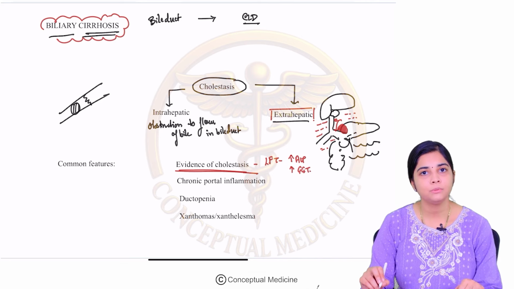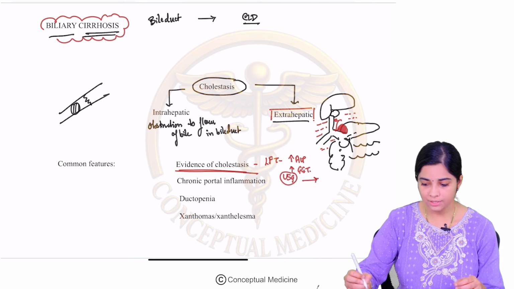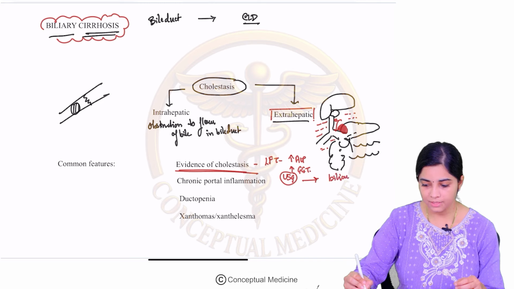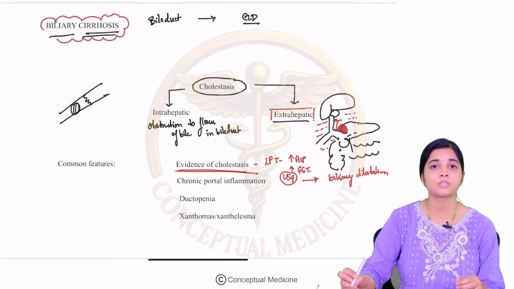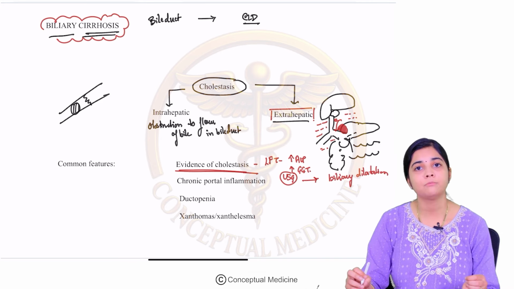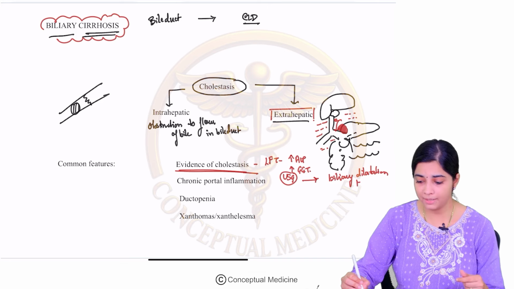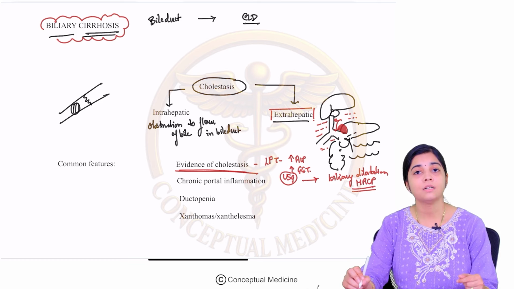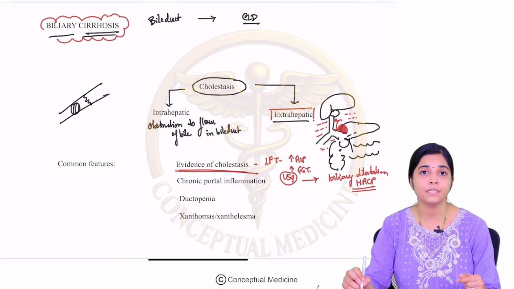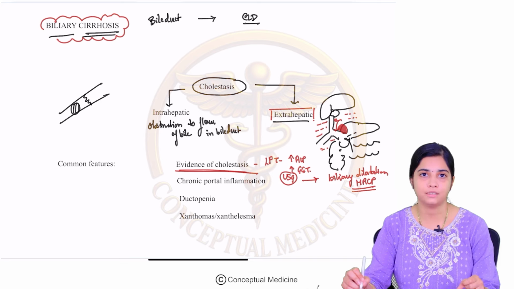Apart from that, when you do the ultrasound, you can find evidence of biliary dilatation because of obstruction, or evidence of biliary damage. The best investigation to look at the bile duct would be an MRCP, magnetic resonance cholangiopancreatography, where you can look at the biliary tree in more detail.